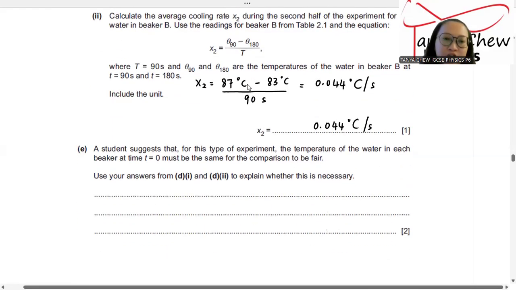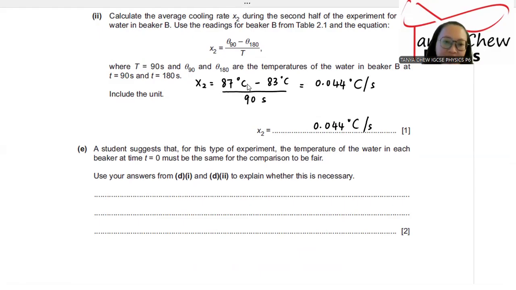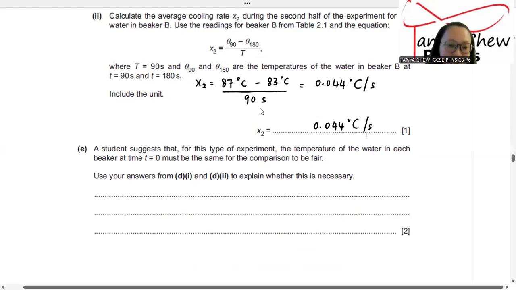Now, E, a student suggests that for this type of experiment, the temperature of the water in each beaker at time t equal to 0 must be the same for the comparison to be fair. Use your answers from D part 1 and D part 2 to explain whether this is necessary.